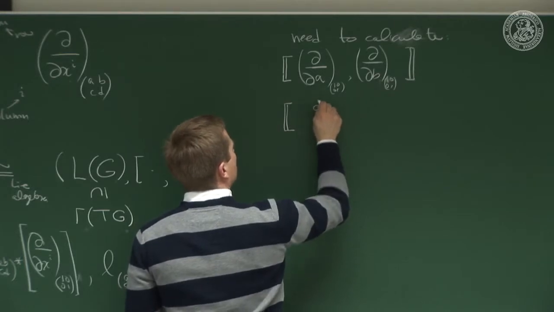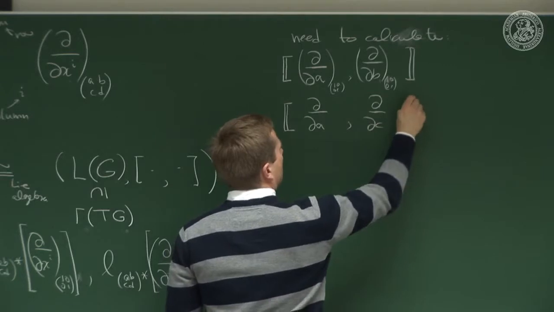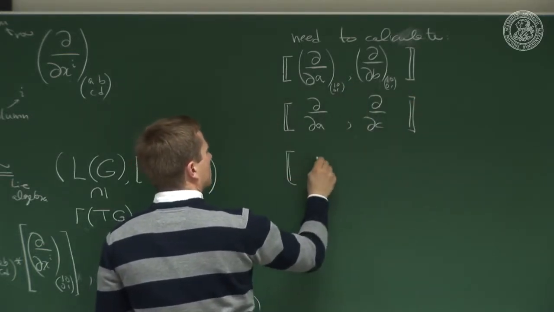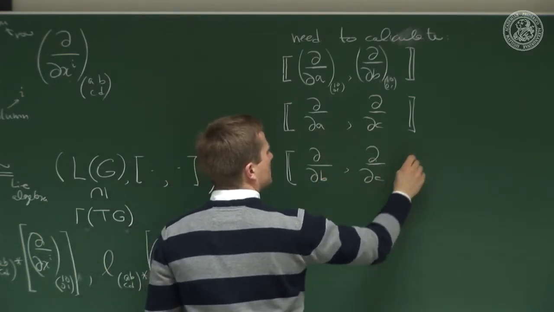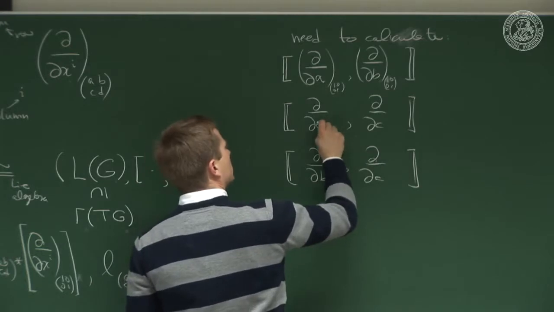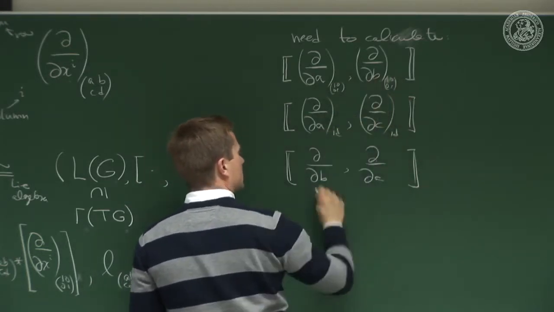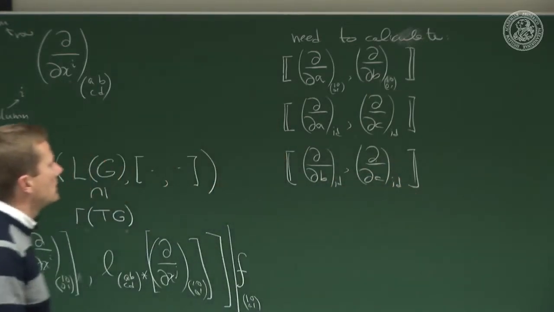So then we also calculate d by dA, d by dC, all at the identity. I don't need to indicate this again. And d by dB, d by dC. Well, in order not to get confused, let me write id here.